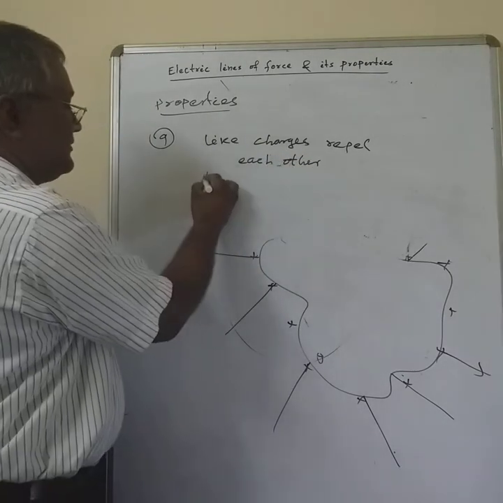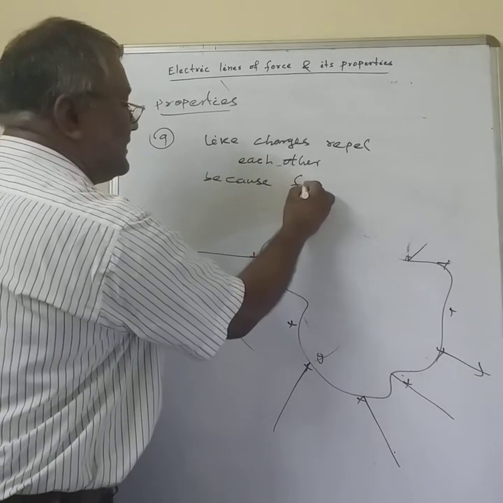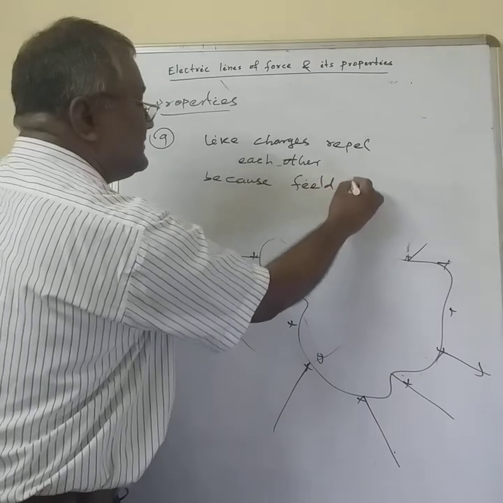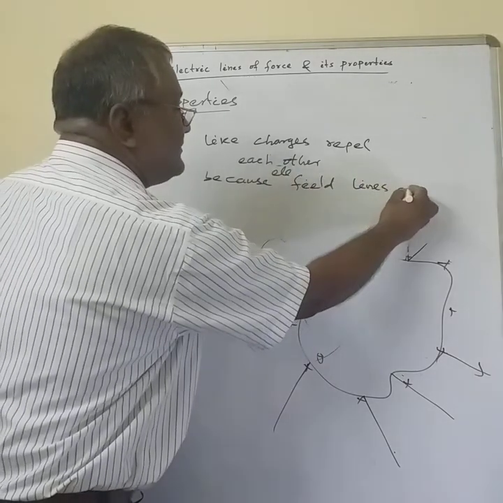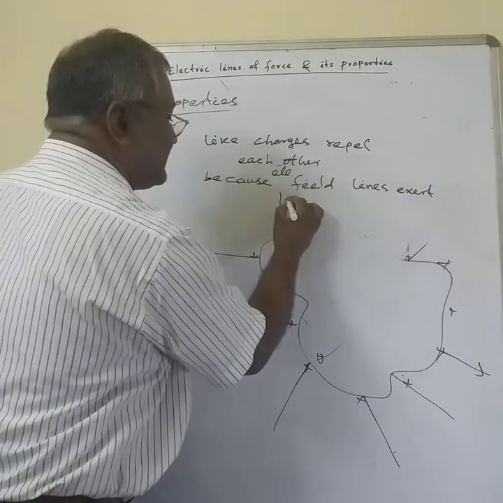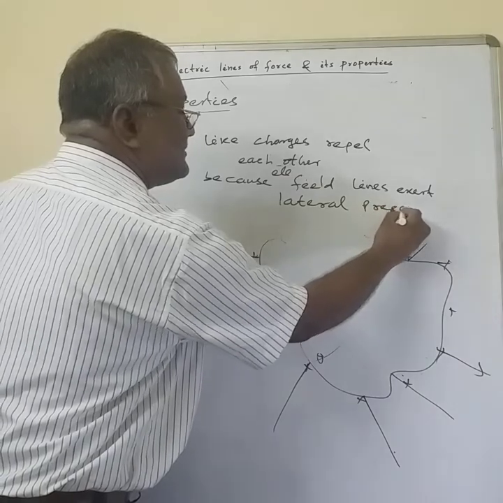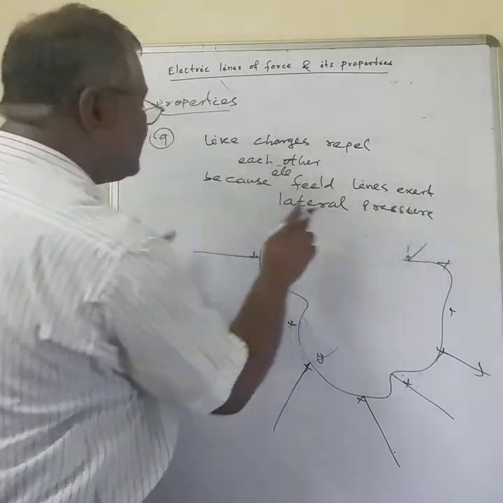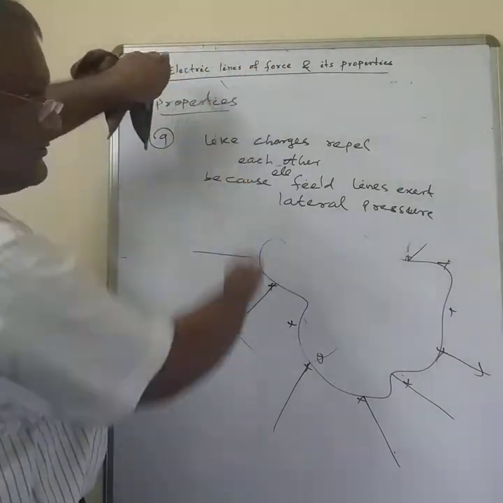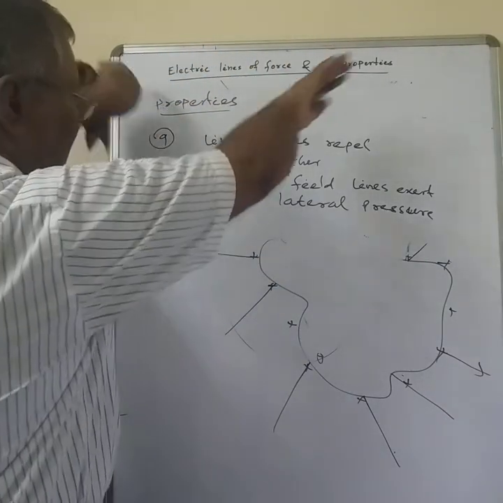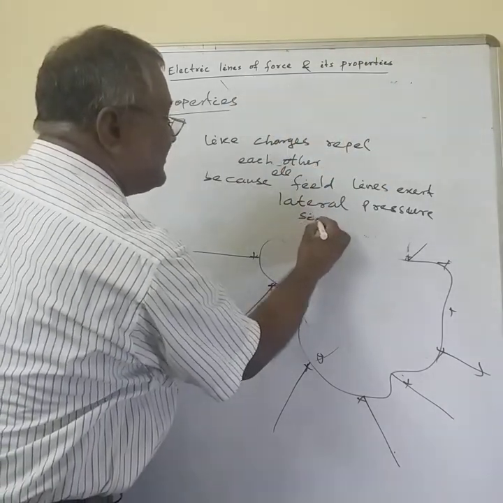Because electric field lines exert lateral pressure. Already discussed, due to similar charges the field lines were separated, there was a middle line where there was no field, the field lines are exerting a lateral pressure. Lateral means sidewise pressure.